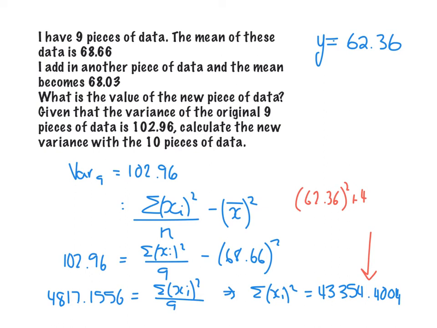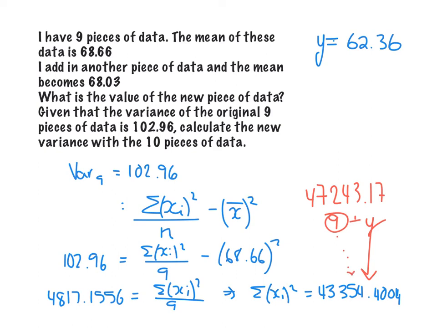Okay, if I do that, I will get 47,243.17. So that's our 9 pieces of data plus y. And that's our 9 pieces of data here.